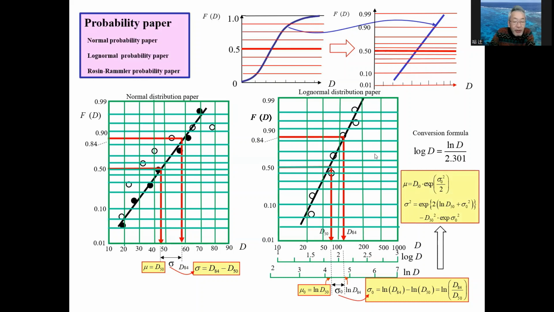In order to get the mean size mu and standard deviation sigma, you must make calculations using the equations in the yellow frame shown on the right of the graph. Appendix 1 and Appendix 2 should be referred to for the derivation of these equations.